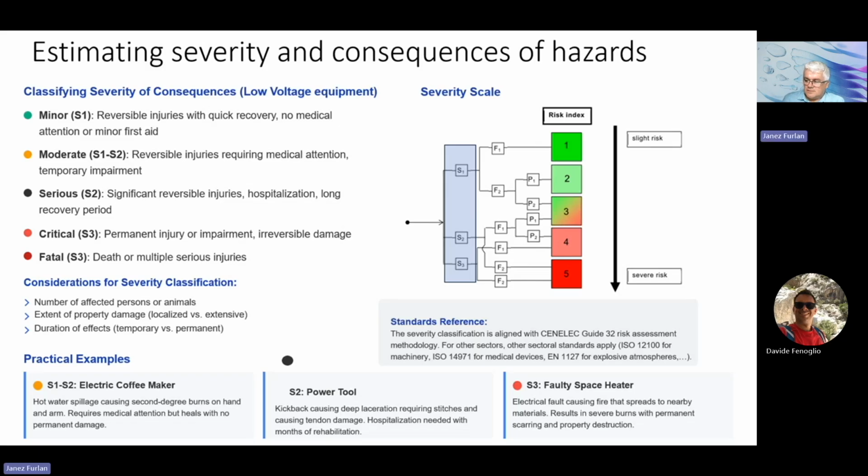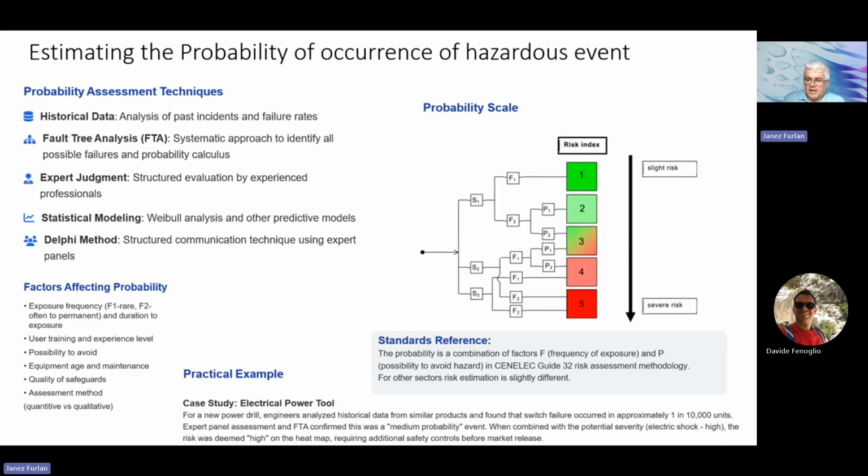What is usually quite a challenge is not the determination of the severity of the risk, but rather the estimation of the probability of occurrence, that such a hazardous event will actually materialize in unfavorable consequences. We have several methods actually to do this.